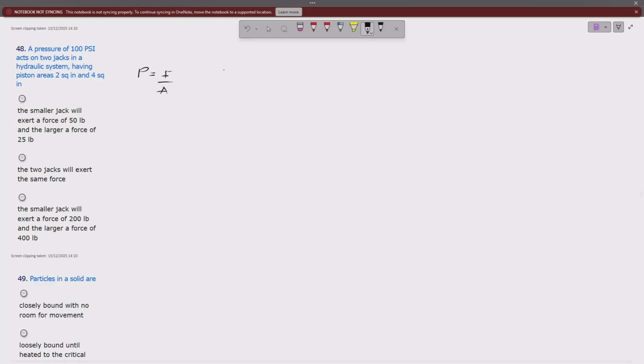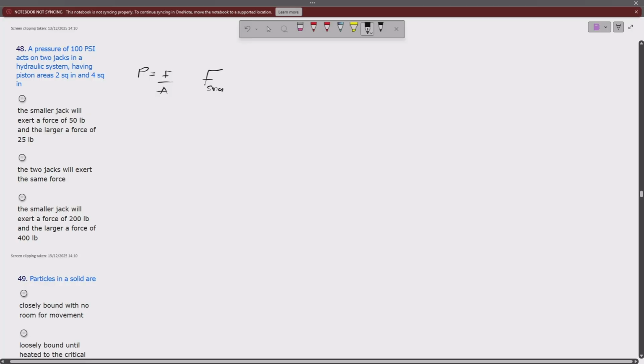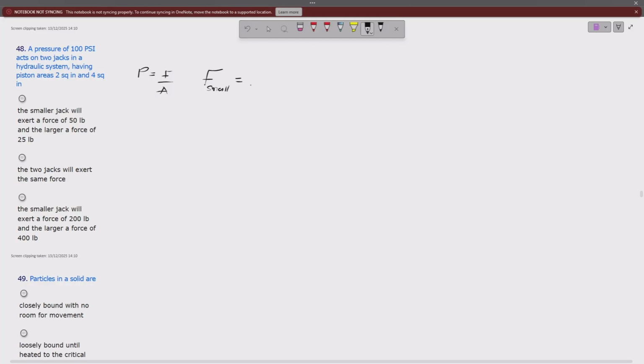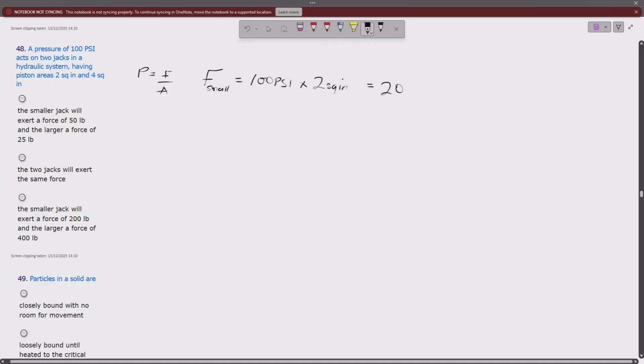So our force F for the small area will be pressure times the area. That will be 100 psi times 2 square inch. That is going to give you 200 pounds.